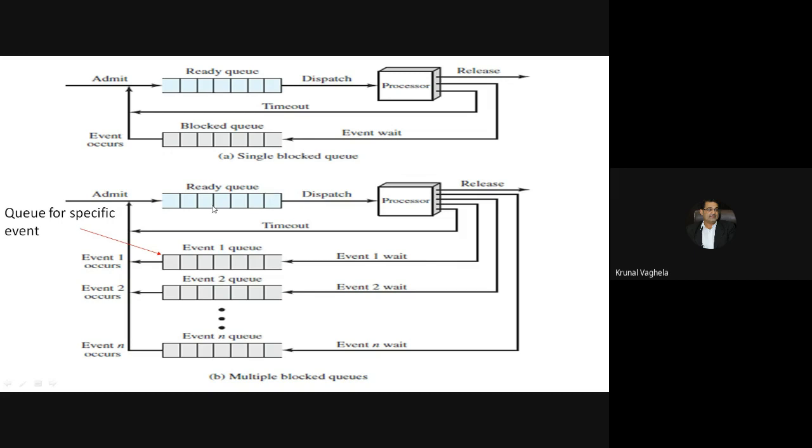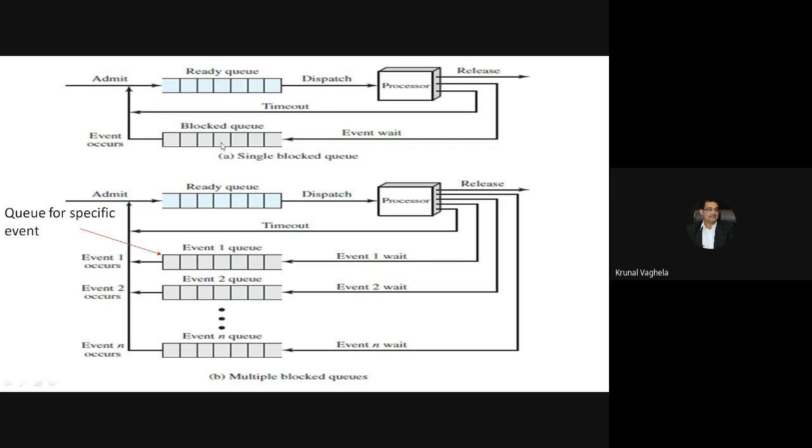Now, in our doctor example, when you go to meet the doctor, to some patient the doctor will tell go for X-ray, to some patient will tell go for MRI, to some patient the doctor will tell go for a blood report. So to each patient the doctor will tell. Now the patient will go, and when the patient is ready, for example, this patient went for X-ray, and when the X-ray is ready, the patient will be in the queue because the doctor told me for X-ray. Now I have done my X-ray, now I am ready to meet you.